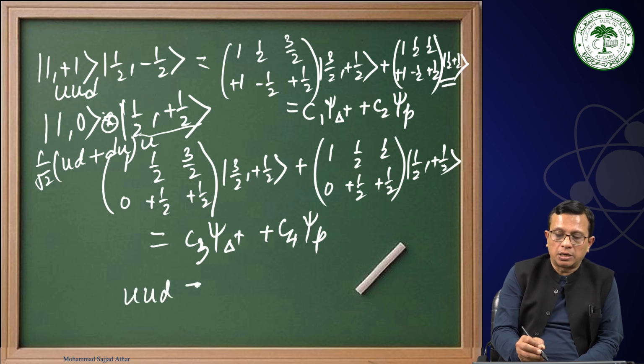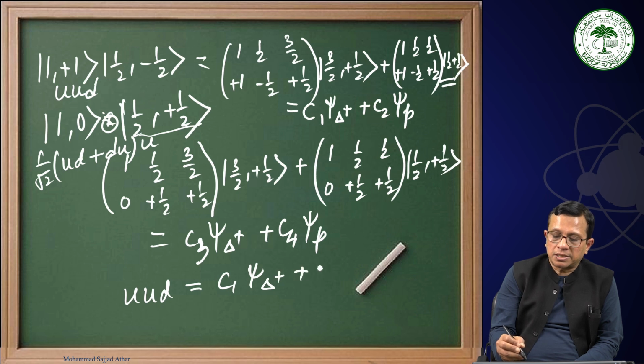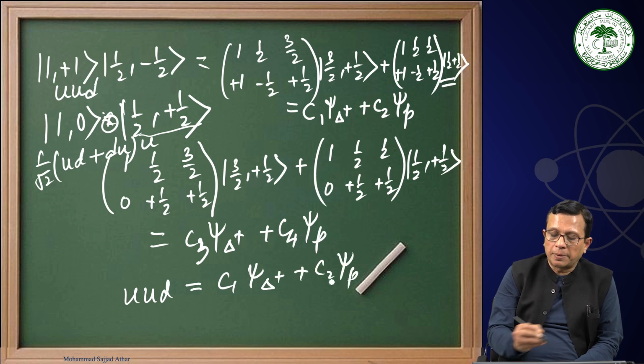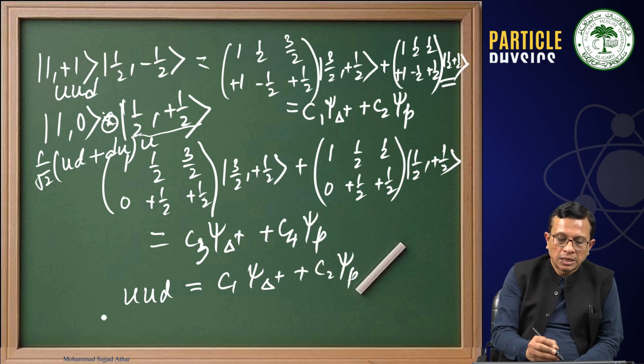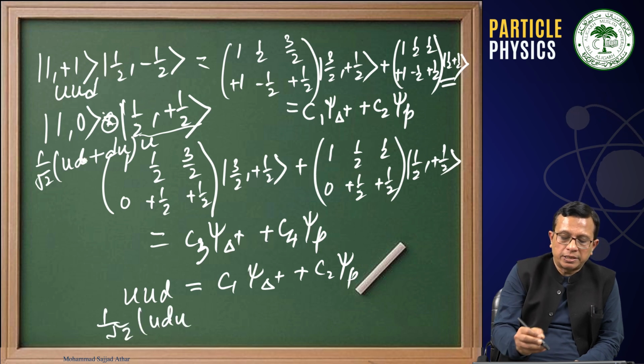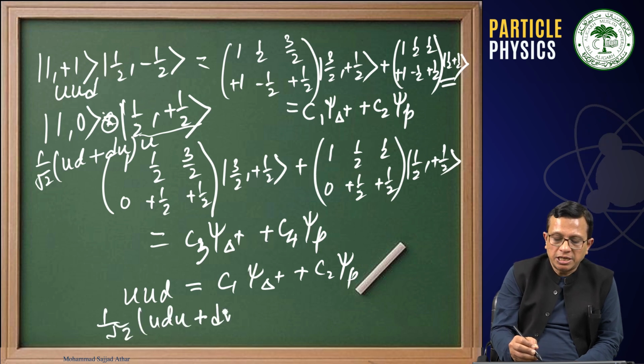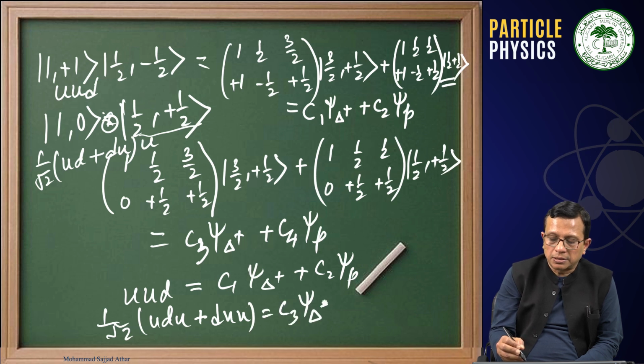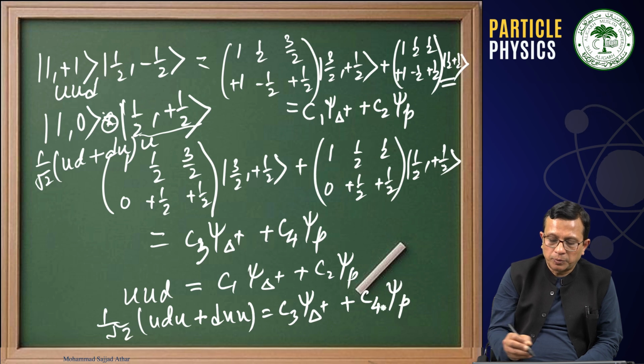UUD, those are known, C1 is known, delta plus C2 psi proton, and here you have 1 by root 2 UD, I am bringing this U inside, plus DUU, this is equal to C3 psi delta plus plus C4 psi proton.